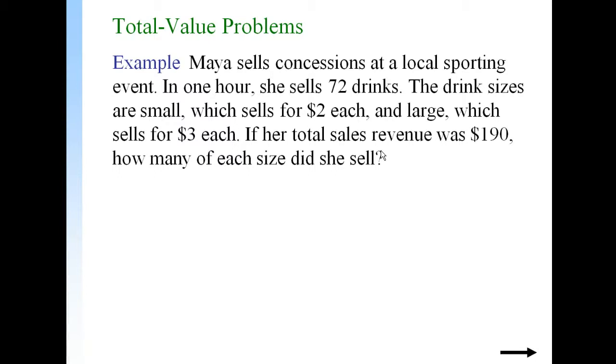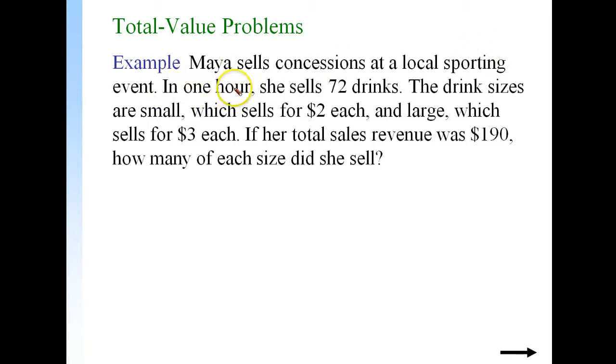So this is very, very typical of a word problem in which we could use two variables. So I read it very slowly, but let's underline the key things. That she sells, that's not important.